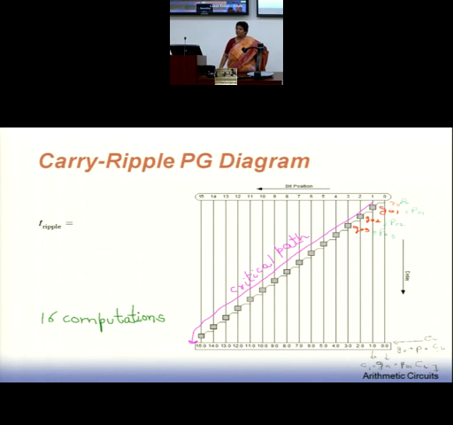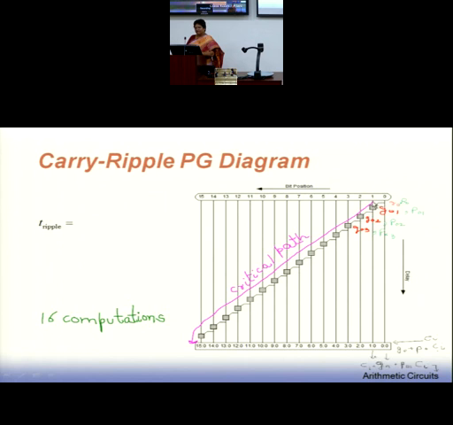So if I now draw my PG diagram, propagate, generate, that's why I'm saying I'm representing the diagram in terms of P and G functions. Here my Ci is available to me, and I have all the bit operands available here, and I'm computing G0. G1 is available here.